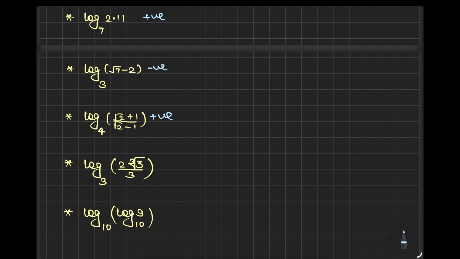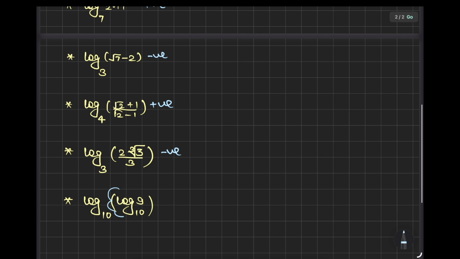Suppose it is 1.2, so 1.2 into 2 is what? 2.2 divided by 3, so the numerator is smaller than the denominator and the value will be less than 1. If it is less than 1 and the base is greater than 1, it is on the opposite side, so it is negative.